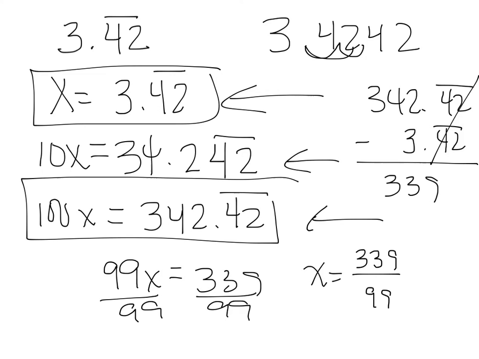Let's see if 339 is divisible by 3. 339 divided by 3. Yes, it is. That would give you 113 over 33, and that's probably as low as it's going to go. All right? Good luck with converting repeating decimals to fractions.